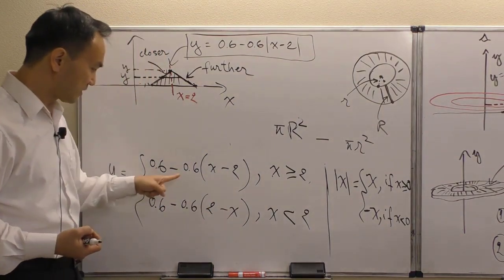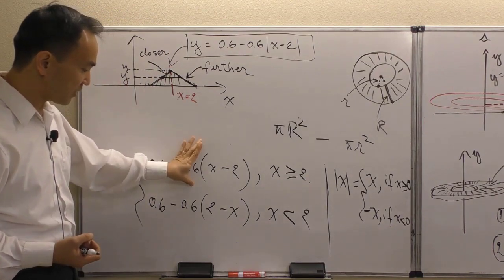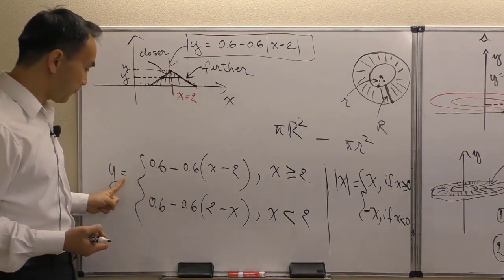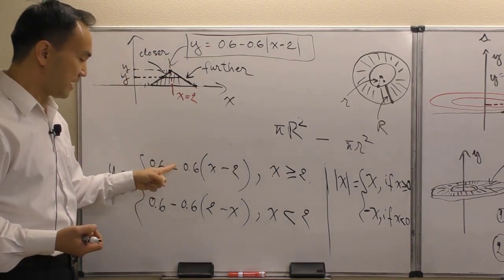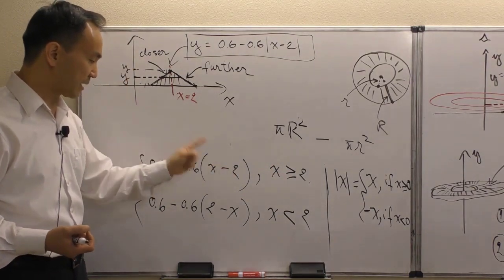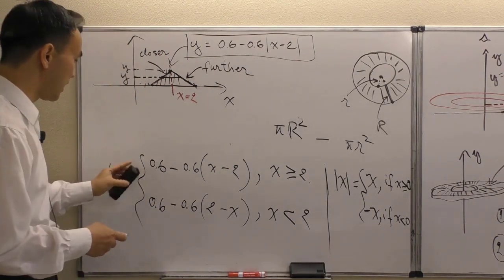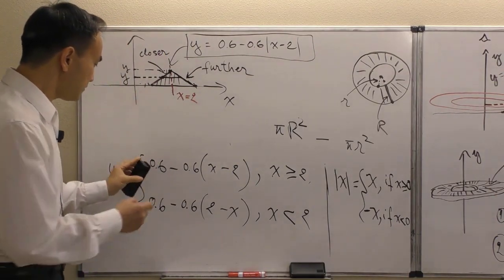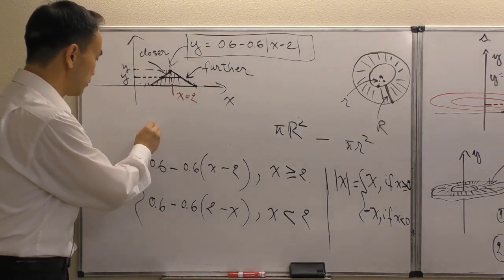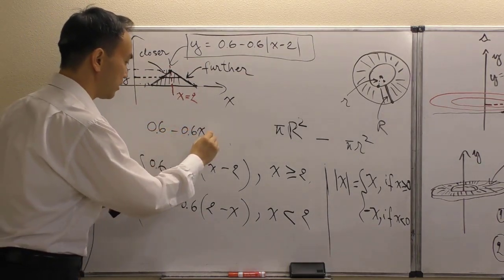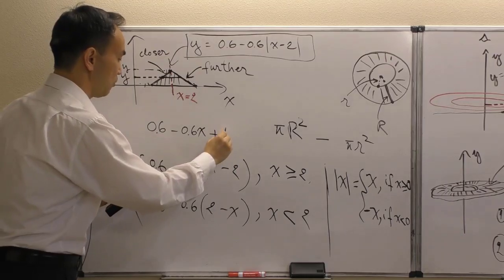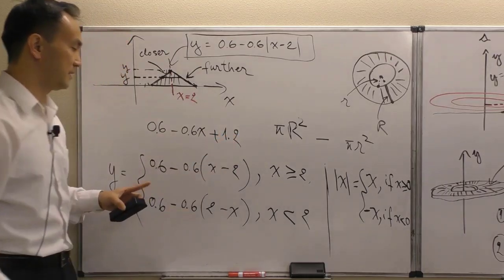Okay, but you see now we can simply, for the top equation right here, for that first case, when x is greater than or equal to 2, algebraically distribute out that 0.6 right there. So really our y will equal 0.6 minus 0.6x, but plus 1.2. That's what it is.